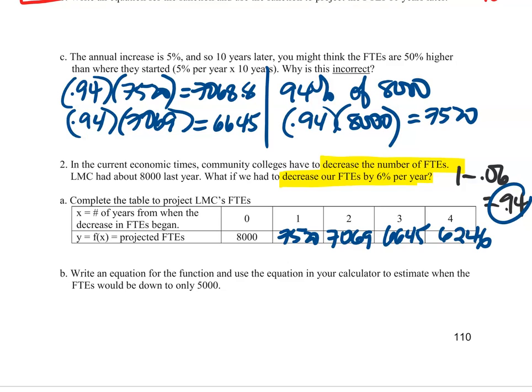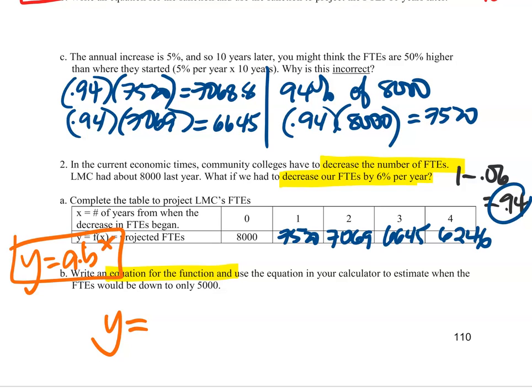And then now we're going to write the equation of that function. So y is equal to, remember again, just to recall, y equals a times b raised to x. This is the general form of the exponential equation.